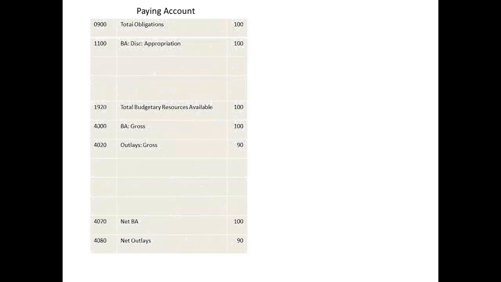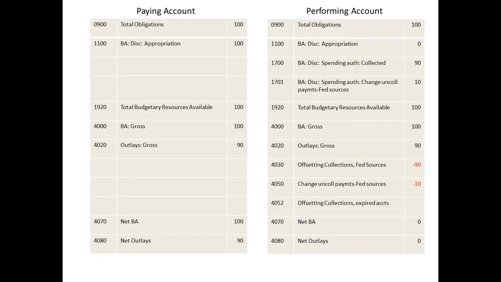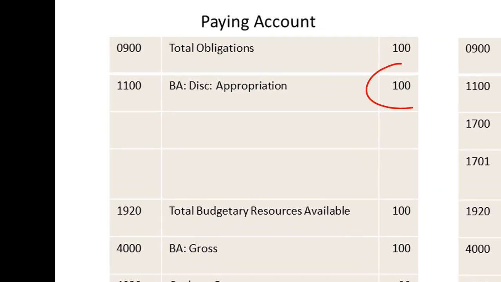Let's assume we have two accounts, a paying account and a performing account. To make this simple, let's assume the paying account has an appropriation of $100 and plans to spend all of its appropriation in a reimbursable agreement with the performing account.